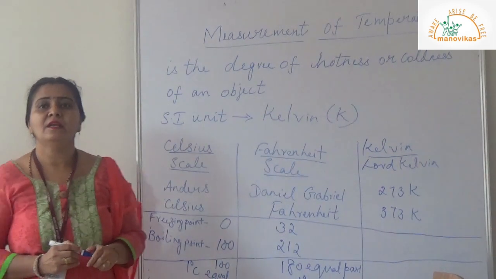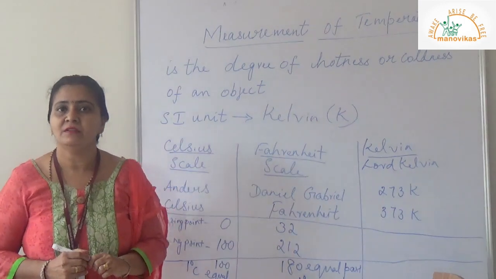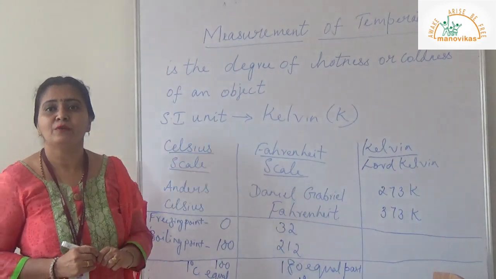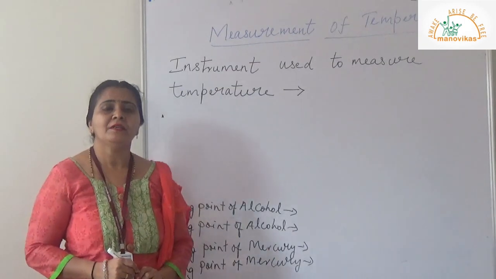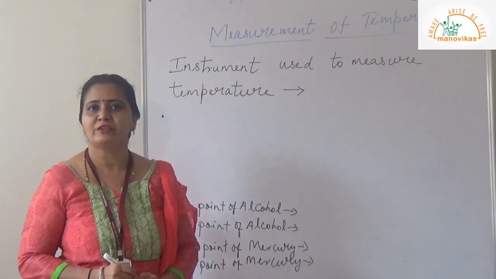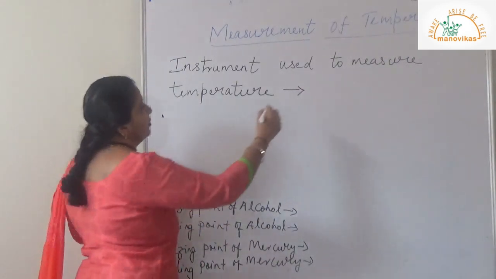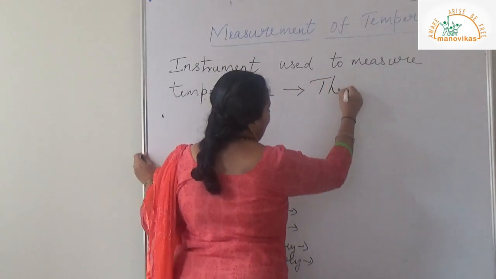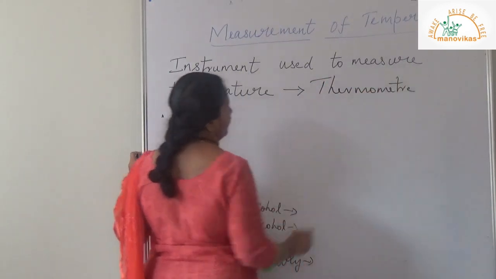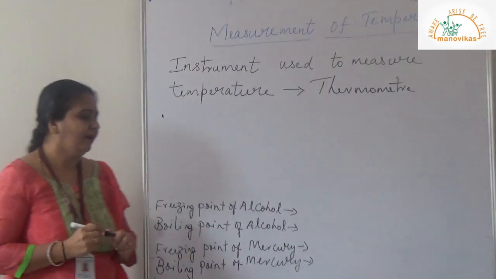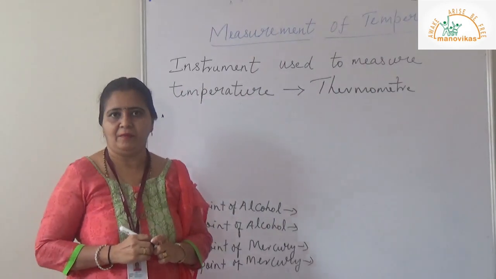Now let us see the instrument that is used for measuring temperature. The instrument used for measuring temperature is the thermometer. A thermometer has a small bulb filled with mercury.